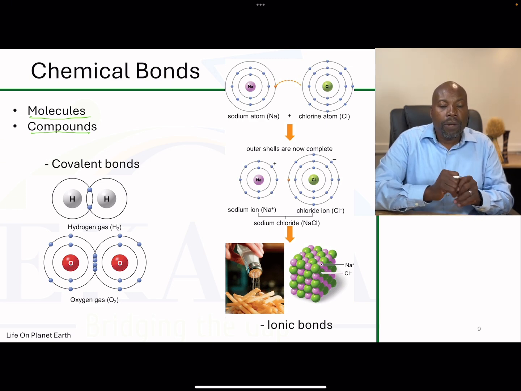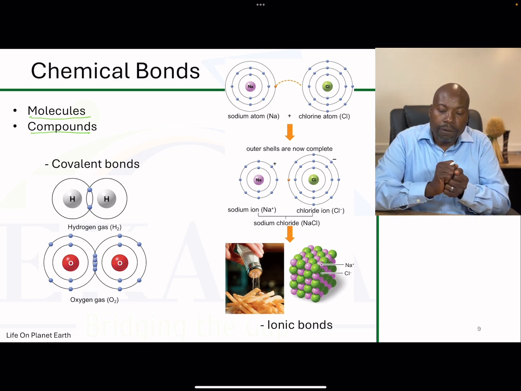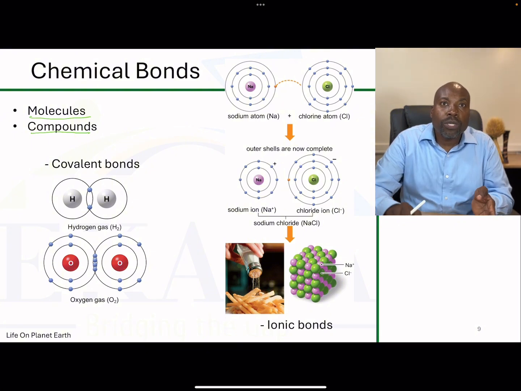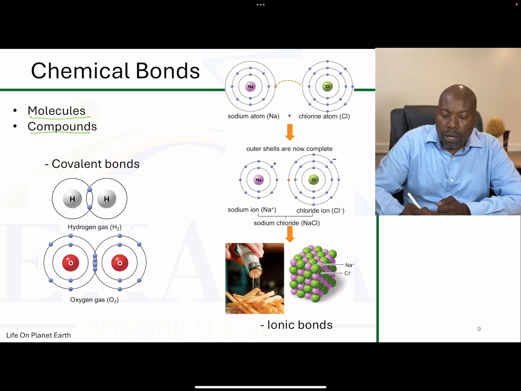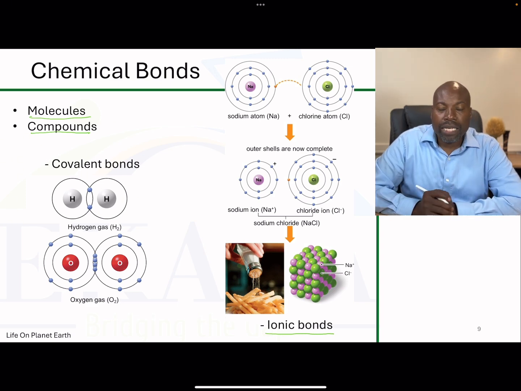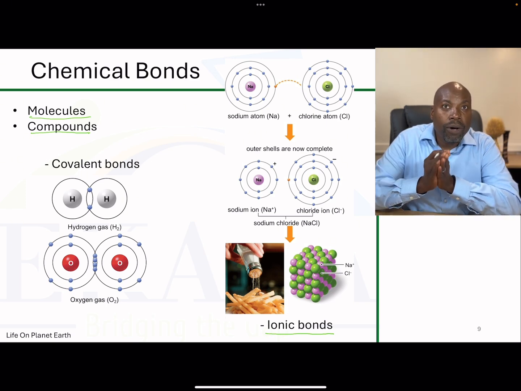Now, when we look at how atoms come together, we have some atoms that are going to come together to form a molecule through what we call ionic bond. What is an ionic bond? An ionic bond is a type of bond that forms between two ions. But what is an ion?